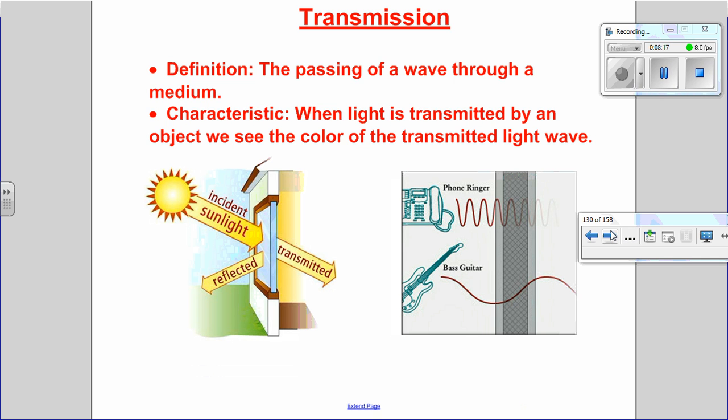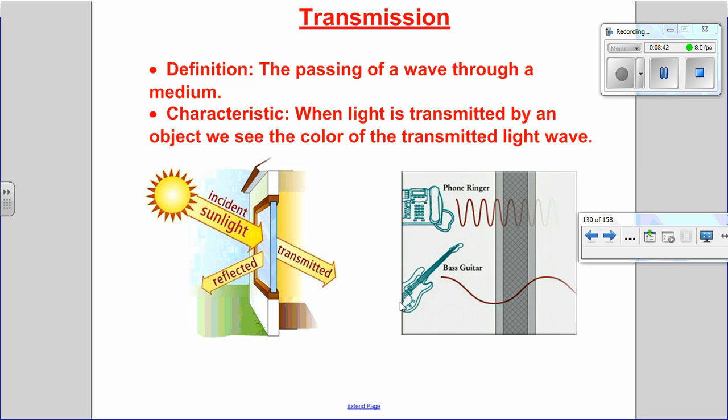All right, our last one is transmission. I don't want you to get confused with transmission and refraction, because if you look at the pictures here, you can kind of see the wave is going through a medium, but with transmission, it's the passing of a wave through a medium. So it just goes straight through that medium. It's not bending or anything. When light is transmitted by an object, we see the color of the transmitted light wave, kind of like what we were talking about in the previous slide.